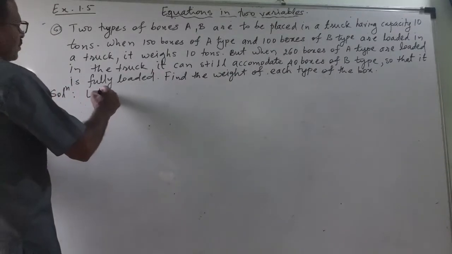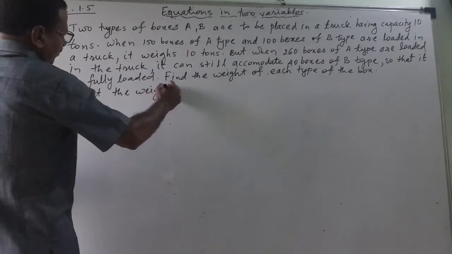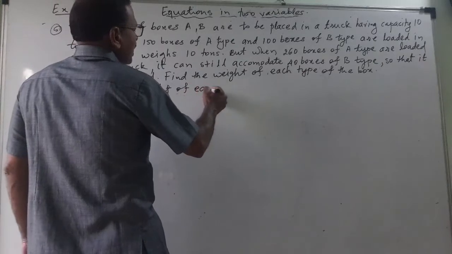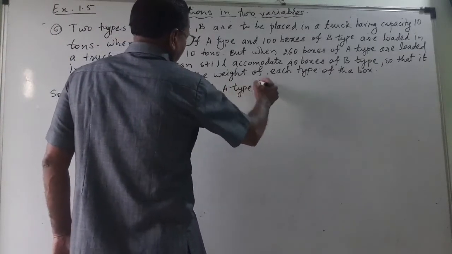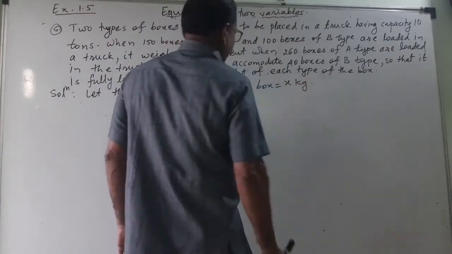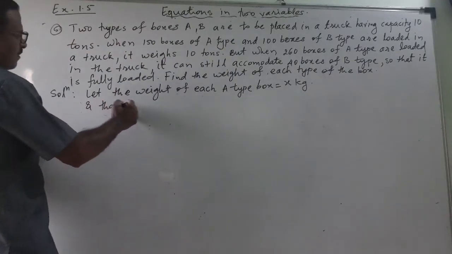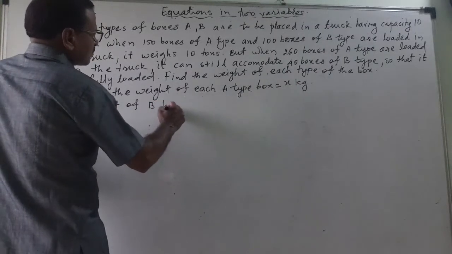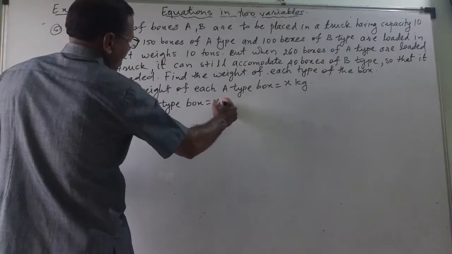Let the weight of each A type box be X kg and that of each B type box be Y kg.